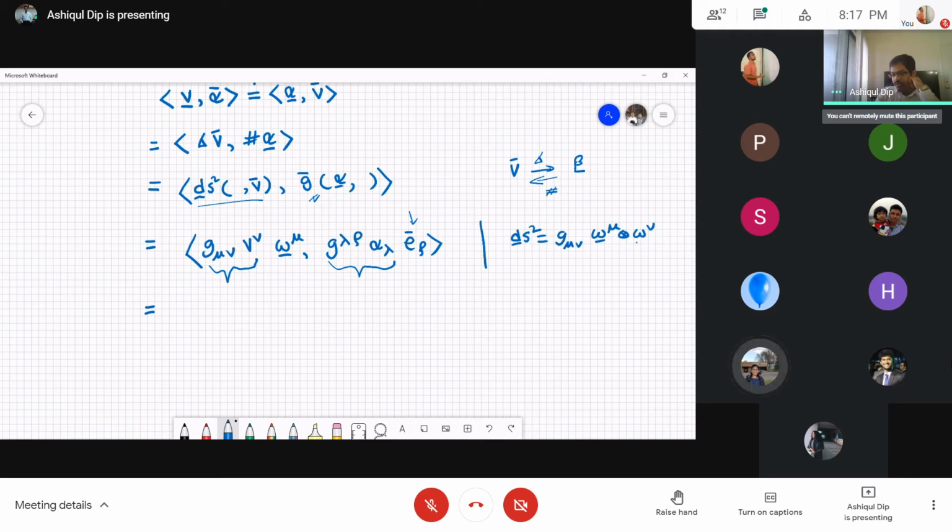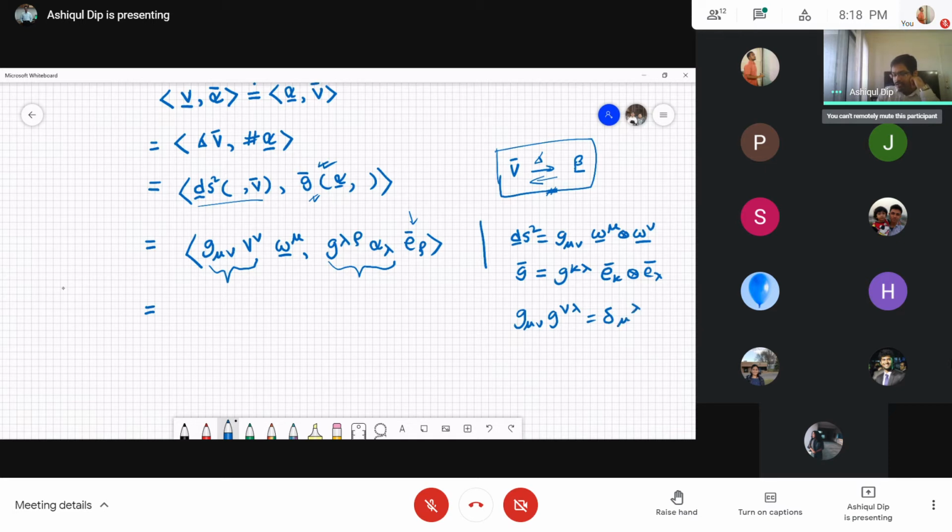And this g is defined as g kappa lambda, e kappa times e lambda, where we already saw that when we demand this, then g mu nu g nu lambda has to be equal to Kronecker delta mu lambda.